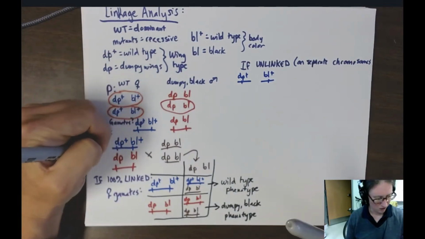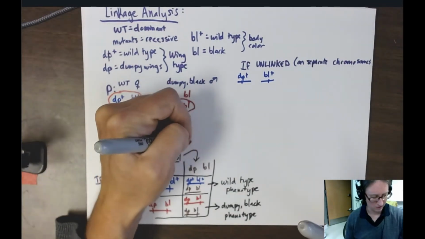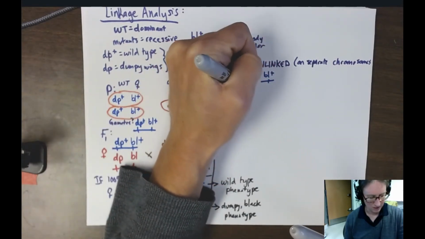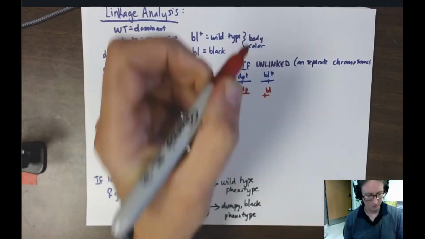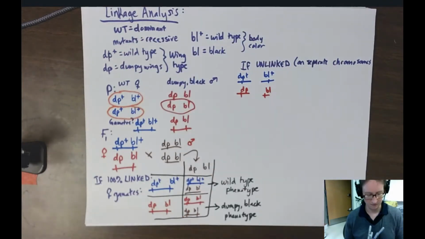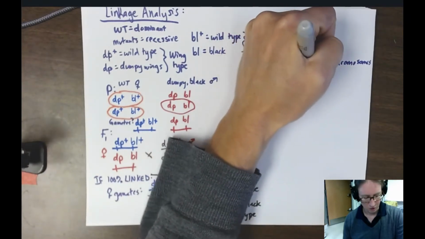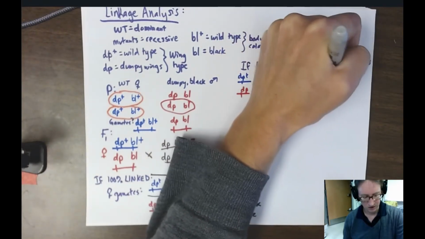And again, this is sort of arbitrary that this is mother and that this is father. Right? And then the mother, she's also going to have a DP and a BL. Right? So they're separate chromosomes here. And same thing crossed with a homozygous recessive individual.